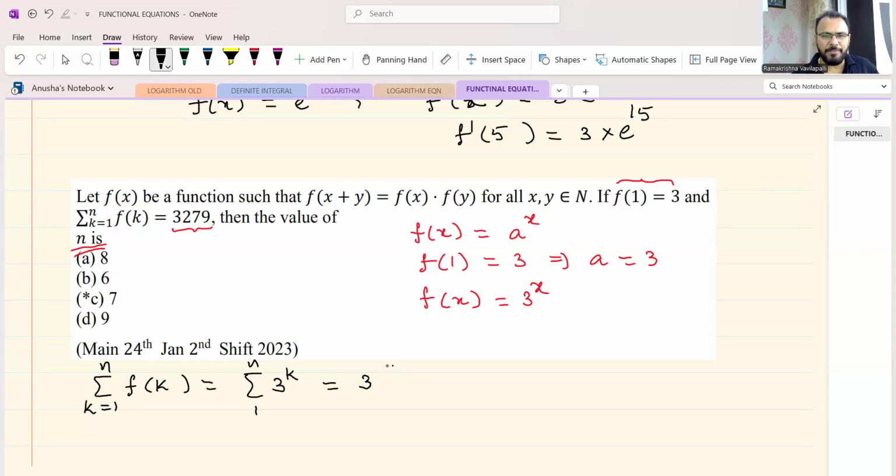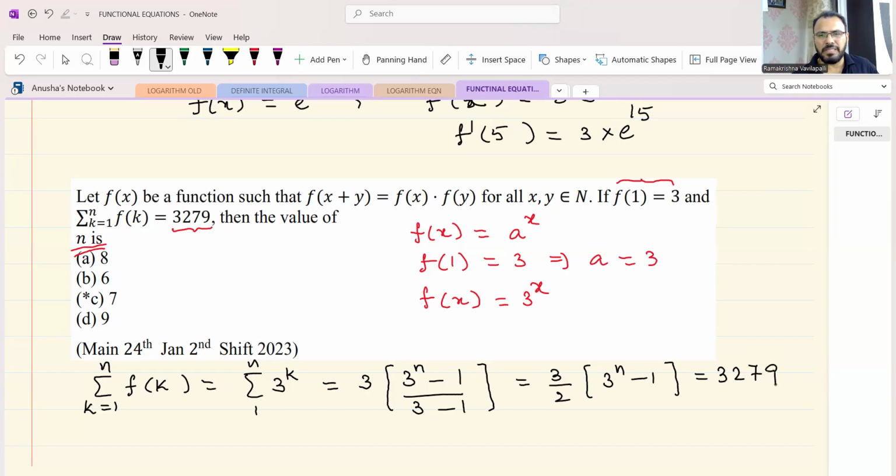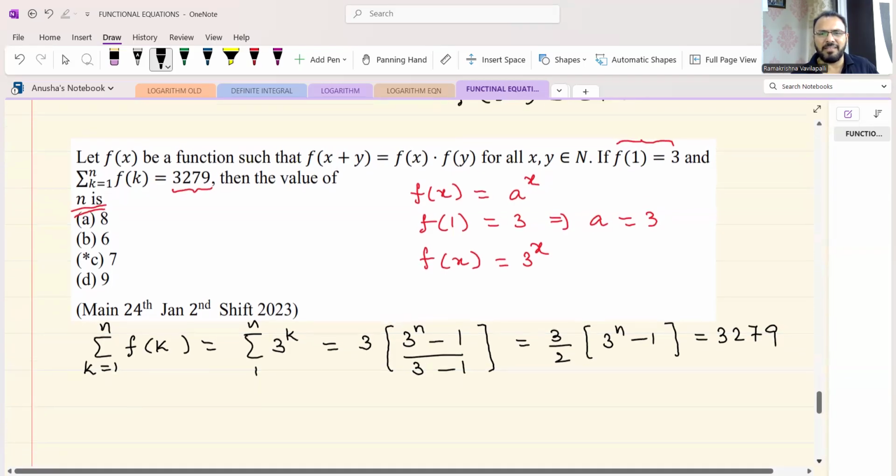First term is a, there are n terms, common ratio is r, and the sum is a times r to the power n minus 1 by r minus 1. Here the common ratio is 3 and the first term is 3. So this equals 3 by 2 into 3 to the power of n minus 1. They have given that it is 3279.